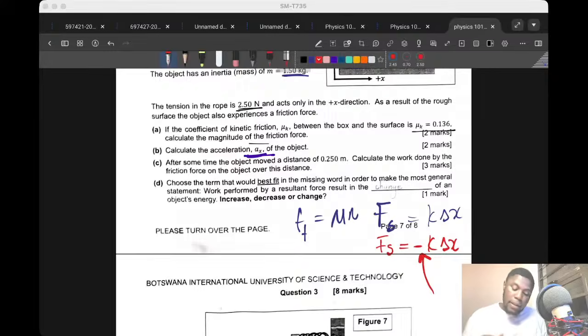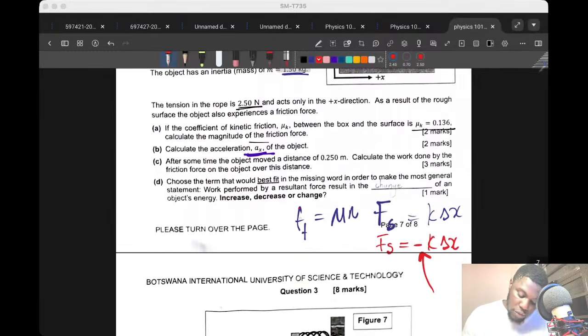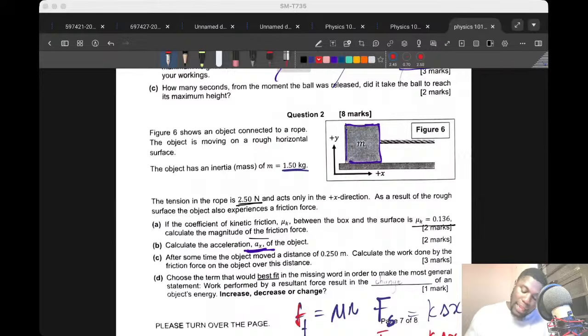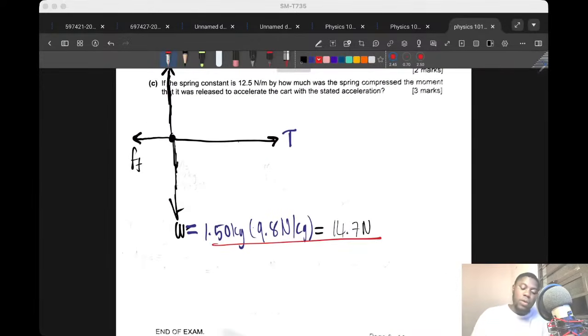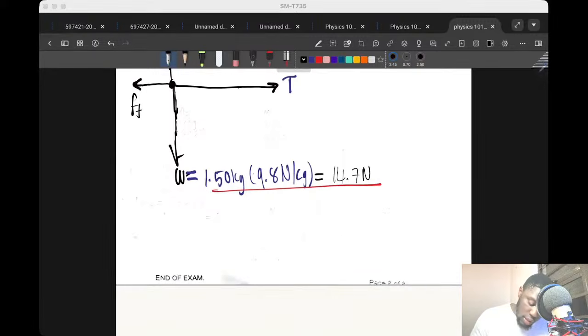So in here we have this for friction. The force of friction is mu N. So is mu N the normal force? Now we would say, what is the normal force? For this case, the normal force is equal and opposite to the weight. So the normal force N is equal to 14.7 newtons.